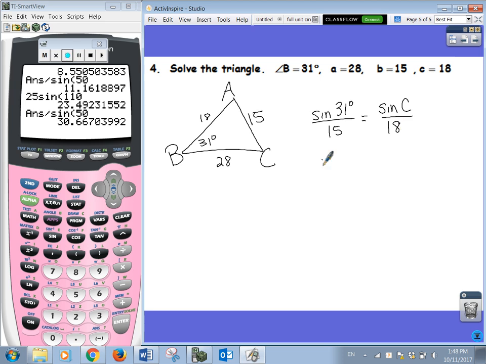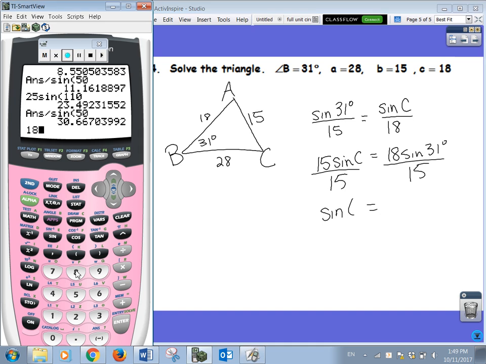So you cross multiply. So we get 15 sine C equals 18 times sine of 31 degrees. Divide by 15. And we get sine of C equals that number. So let's go ahead and find that number. 18 times sine of 31 equals, and divide that by 15.